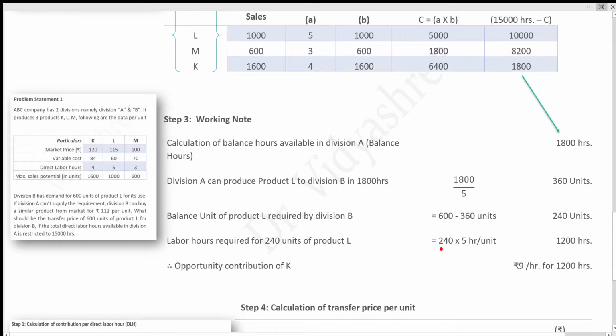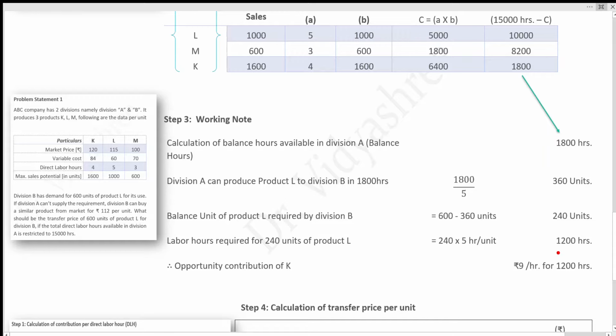That is 240 into 5. 5 is again for the product L, direct labor hour, which we have taken here. So 240 into 5, that is 1200 hours is still left out. But the capacity of the product L is just 1800, but in other words we can say 1200 is needed to produce 240 units, which is shortage.